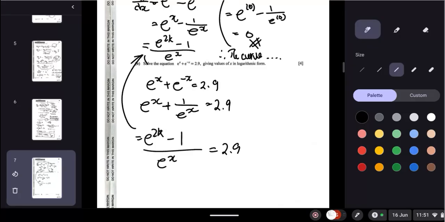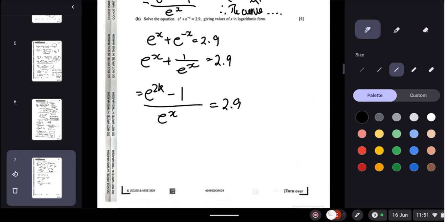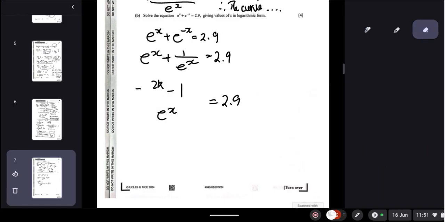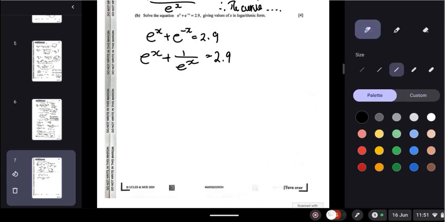So a lot of people really know how to do it, but they just see the verify and give up. I'm going to make it smaller because I have no space. Okay, so let me write again.